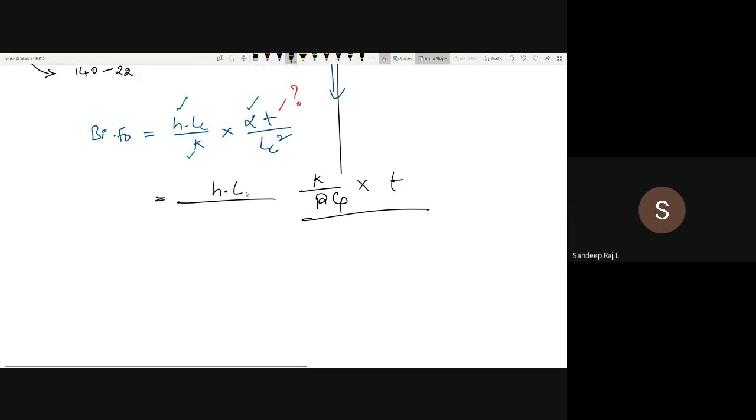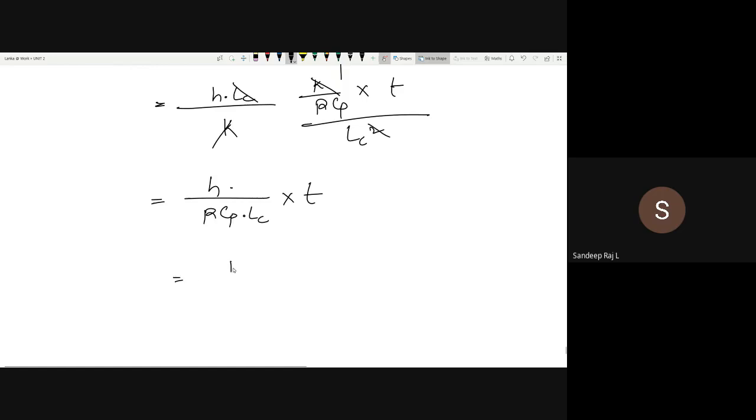Here I will write H LC by K itself, into alpha t by LC squared. This K goes, so this will give you H by rho Cp LC into time.